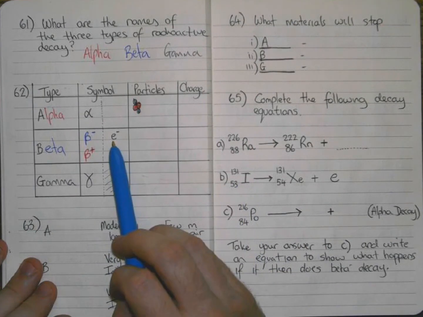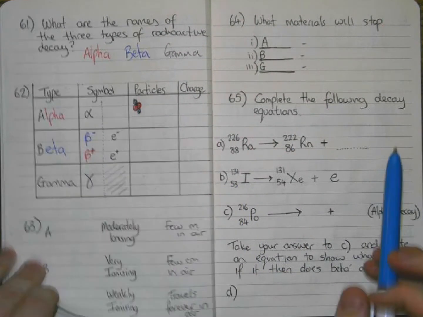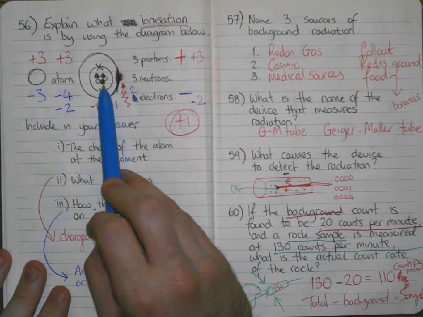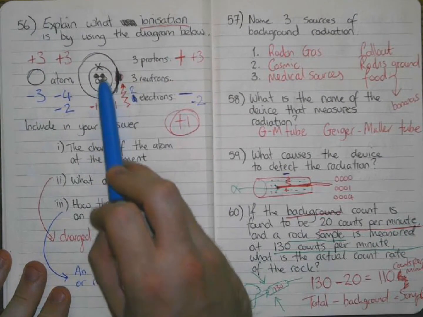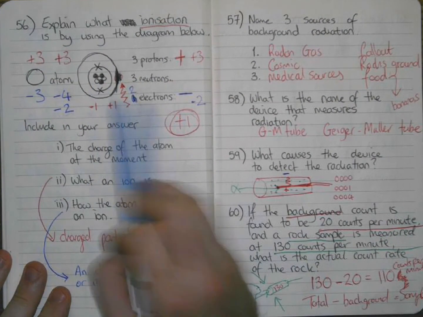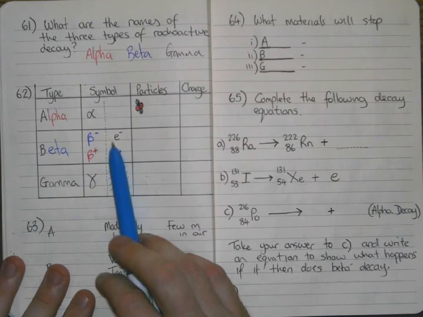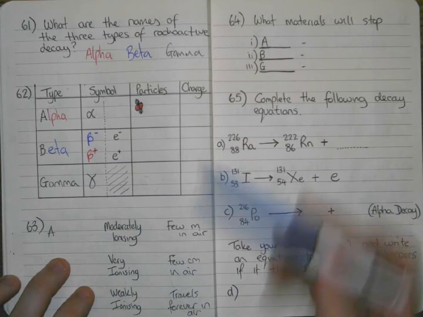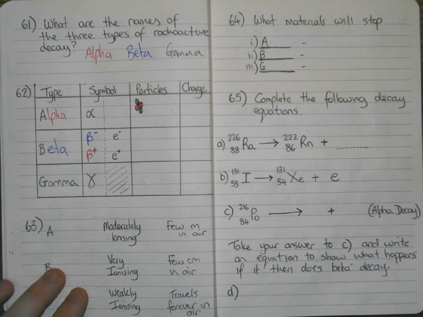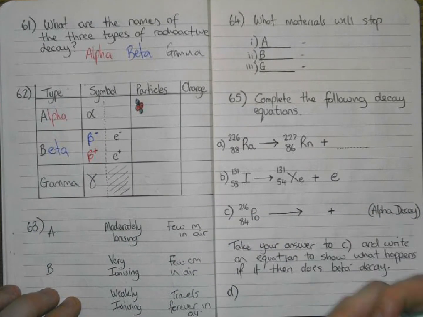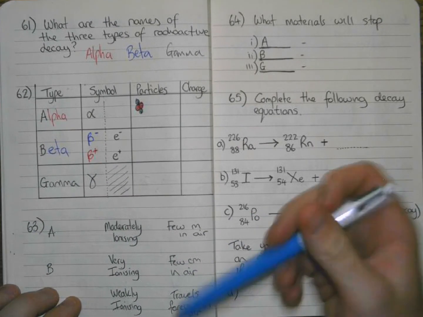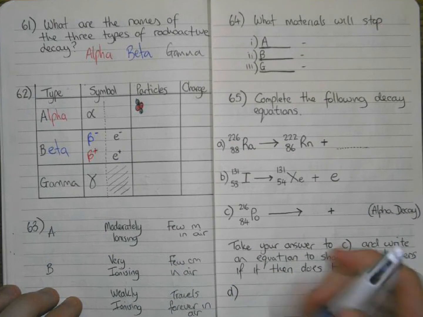Well, how can we get electrons from the nucleus? I've just been telling you that there's only protons and neutrons in the nucleus, and the electrons are on the outside. The reason why an electron can be created in the nucleus is because there's a change. The particles in the nucleus change, and when they do that change, they give out one of the beta particles.